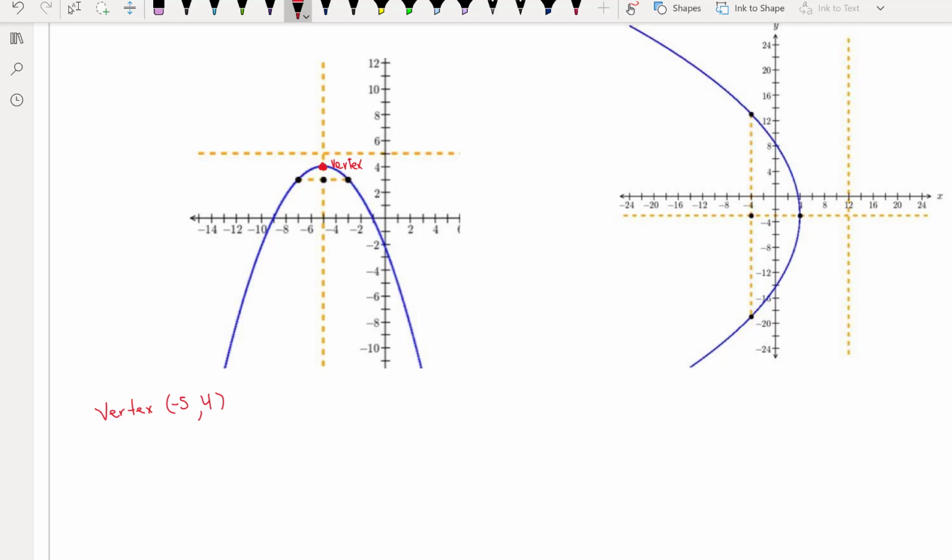The other thing that I know, well, let's think about this. It's in yellow, but that's okay. Maybe I'll just make it in black. The axis of symmetry goes exactly through the vertex. So this line over here represents the axis of symmetry.